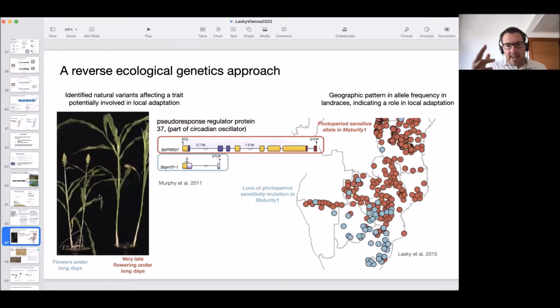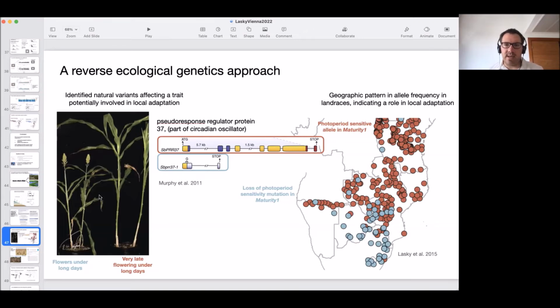Now, another way we might implement this genotype environment association tool might be considered what we're calling a reverse ecological genetics approach. The idea with this approach is to take some known variant that has some potentially ecologically important function, but where the variant is known to actually have a functional effect.